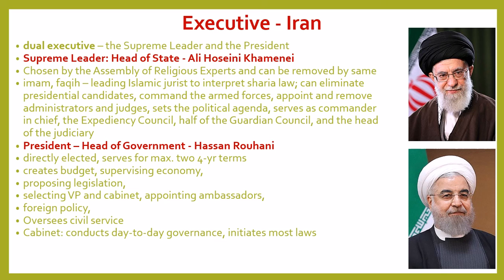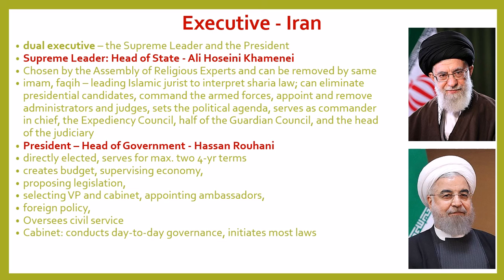He can create a list of presidential candidates, eliminate those he doesn't like from the list, commands the armed forces. He appoints and removes administrators, civil service, judges. He sets basically all government agenda. Serves as, I already said this, I think, commander in chief. Is that it?